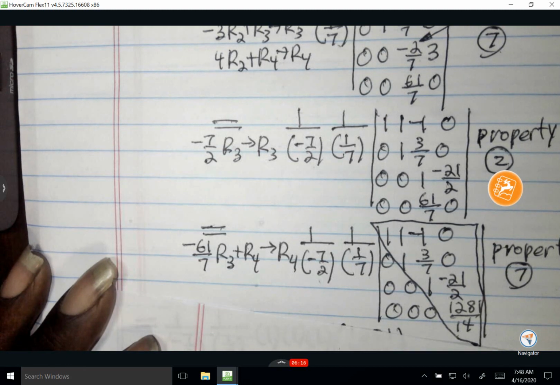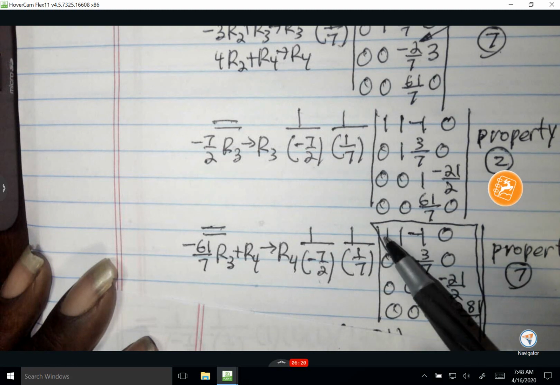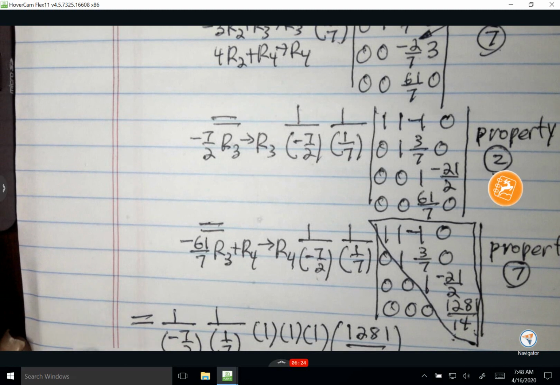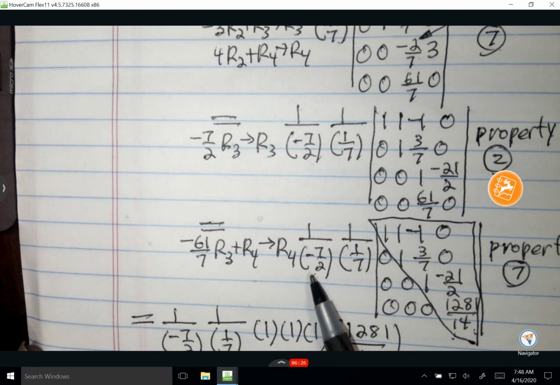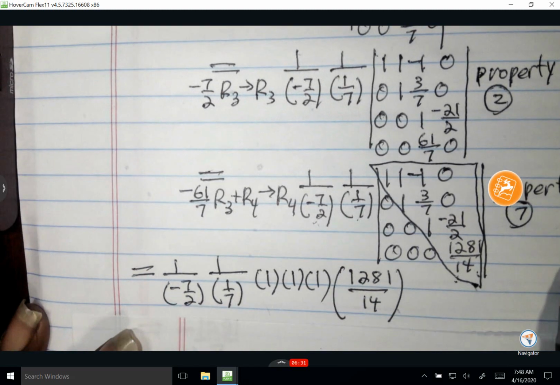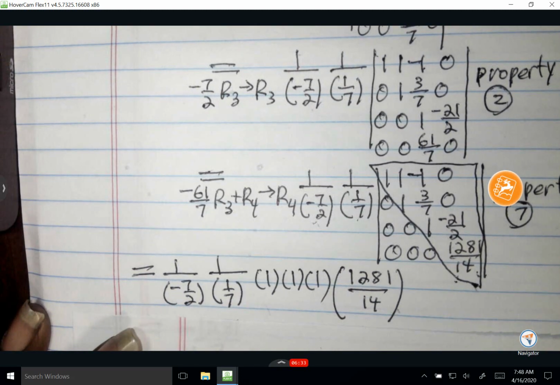So now we can use Theorem 1 in 2-1 that says the determinant of this matrix is the product of the diagonal entries. So you get this number, that times that product of the diagonal entries. Clean it up and then you're done.